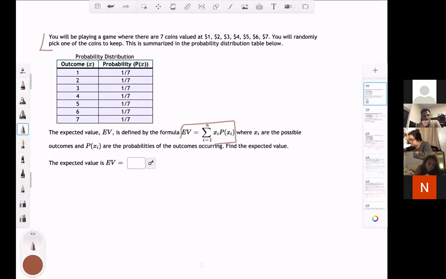Is the answer 4? Anybody else? I got 4. All right, we go with the 4.